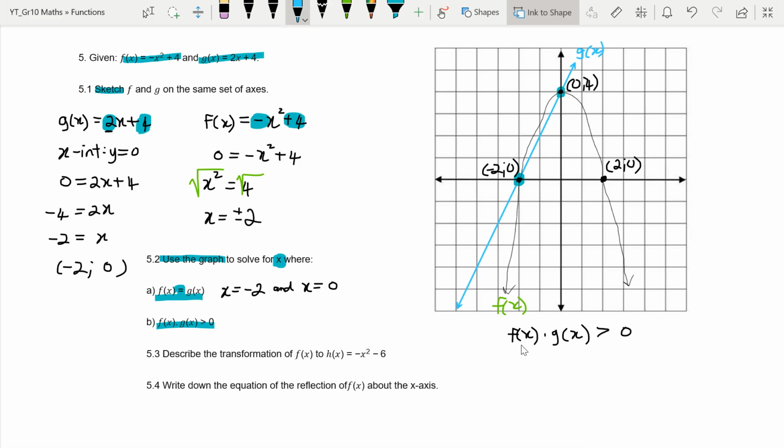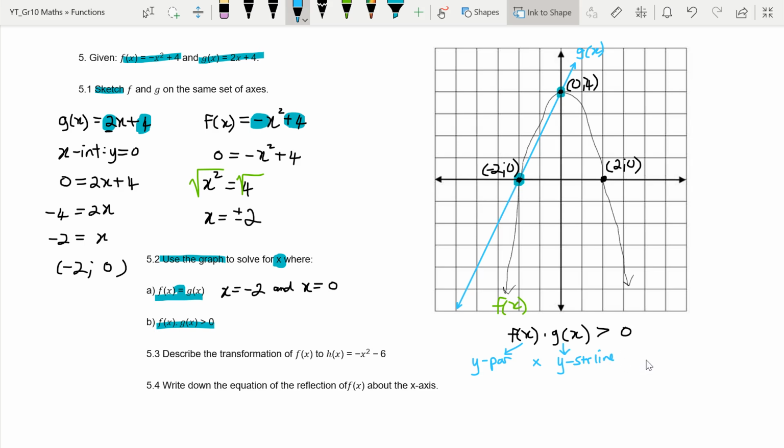So that means the y values of f, in other words, the y values of the parabola, multiplied by g of x, the y values of the straight line, must be bigger than 0.